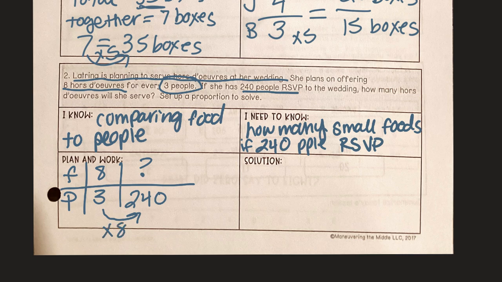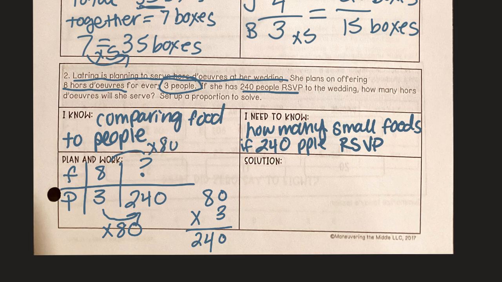Okay, so now if I add a 0 to the end of that 8, making it 80, 3 times 80 would get me 240. And I'm going to double check that math really quick just to make sure that I got it right. 3 times 0 is 0, and 3 times 8 is 24. So I know that's right. So now I'm going to go ahead and multiply my top number, my 8 hors d'oeuvres, by 80.